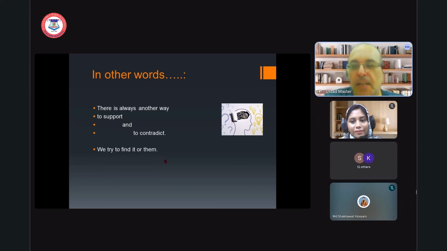And again, there could be some people who disagree with it. You also disagree with them, and you can find other points, other angles, other points of view to contradict the argument. And then critical thinking is our effort to find the other way. That's why I wrote here, we try to find the other way or other ways.